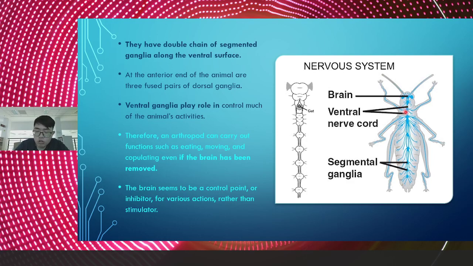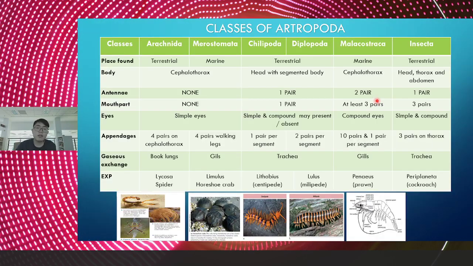You have to destroy this nerve in this part, below the head. So this is why even when their brain is removed, they can still move. This is the unique characteristic of the Arthropoda organisms.